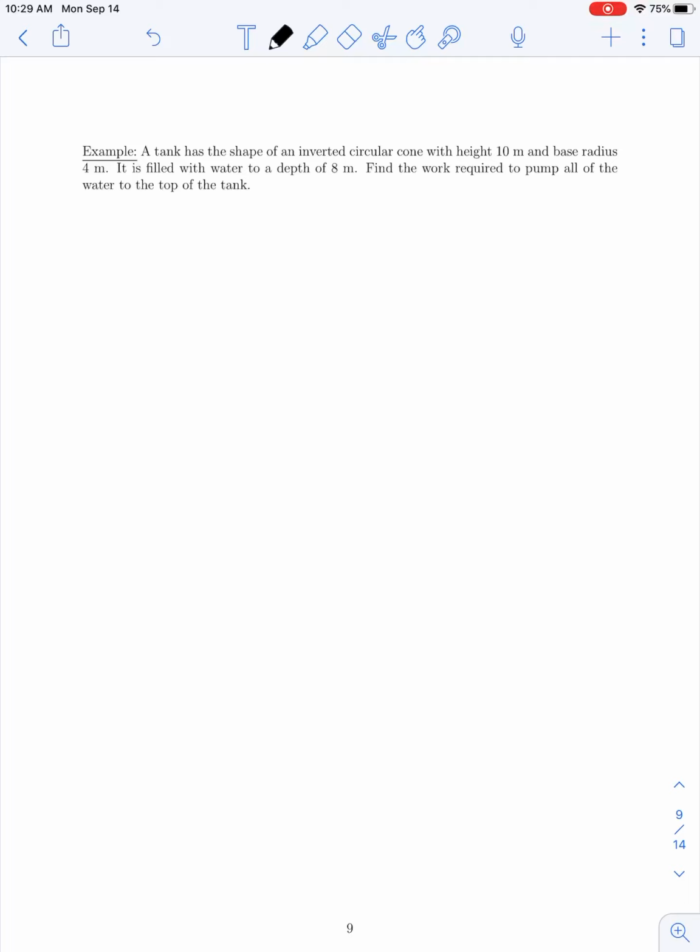So let's start by visualizing our tank. Here, our tank has the shape of an inverted circular cone. So it looks something like this. And we're told that the height of this cone was 10 meters. And it had a base radius, so the radius of our circle here at the base of our cone was 4 meters.